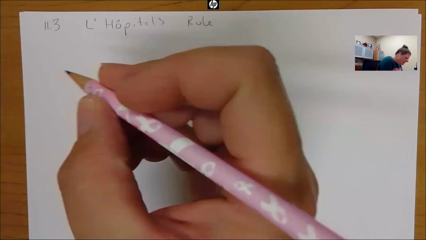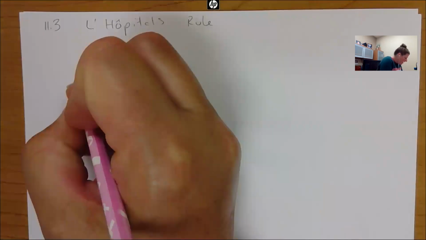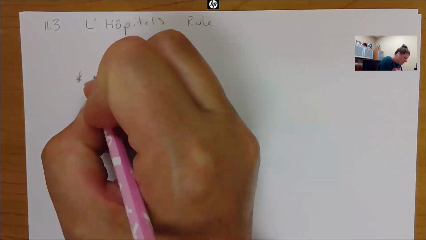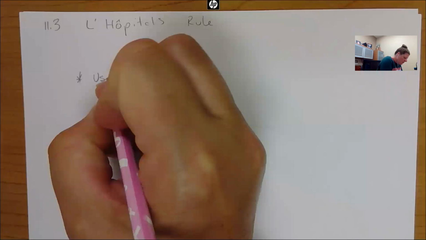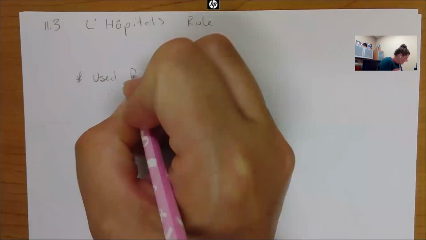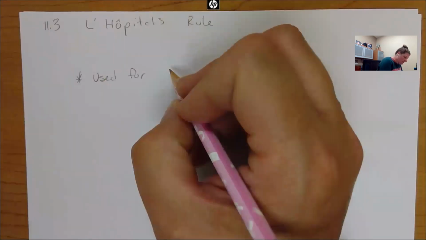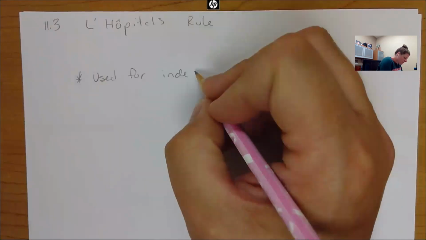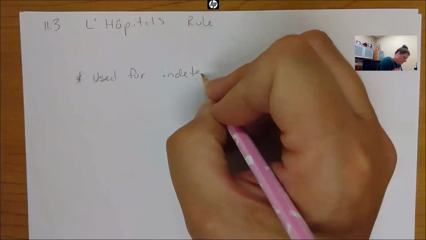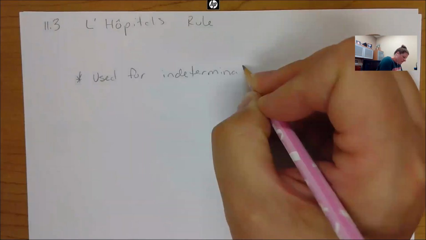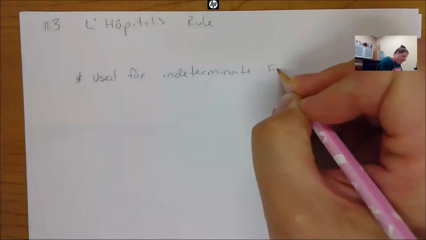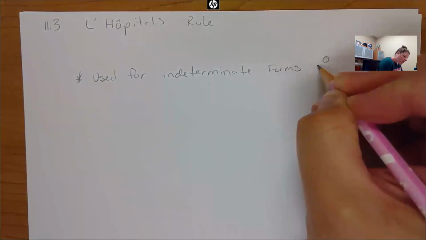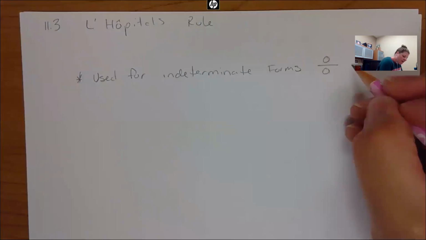So this is used for indeterminate forms. And remember, that's where we have the 0 over 0 or an infinity over an infinity.